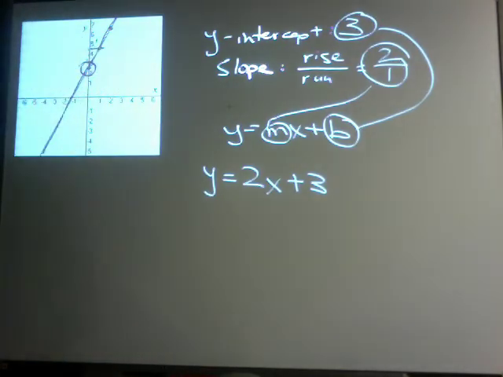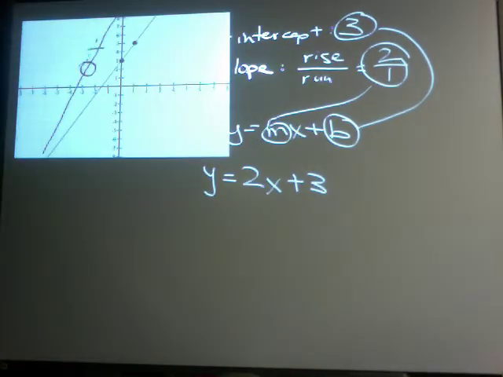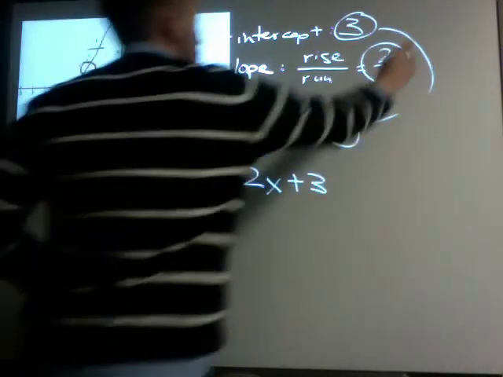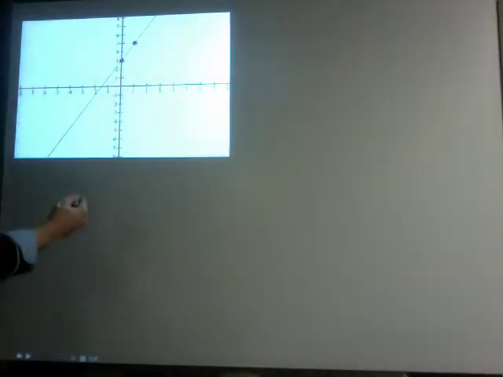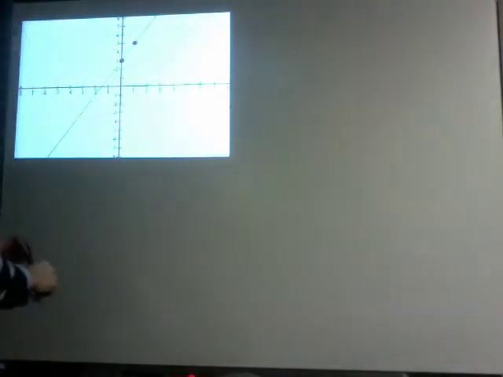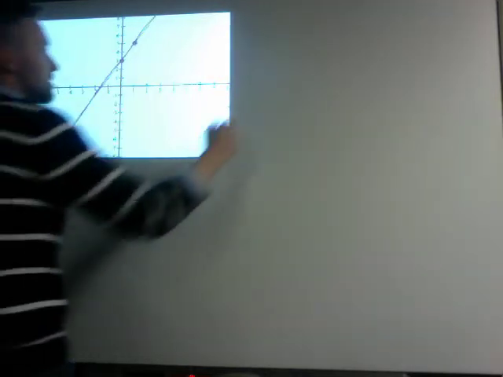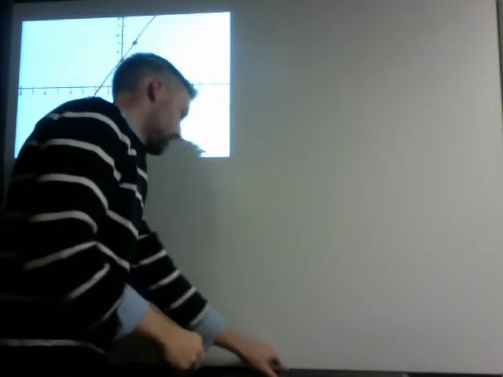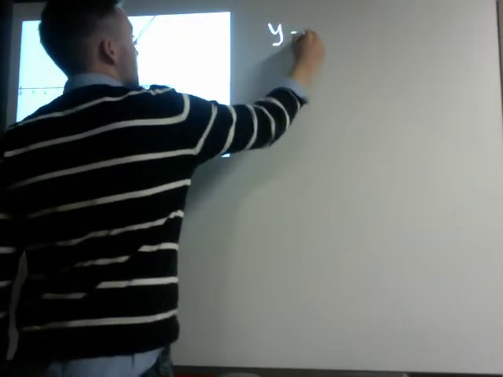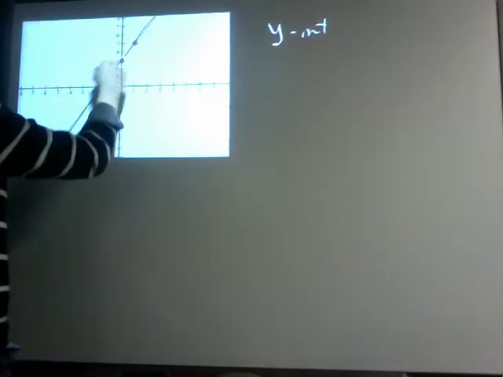I think there's 2 more. Alright, I have another line. It's a positive one, which means it goes up from left to right. Where is this line crossing the y-axis? What's the intercept? The y-intercept, when we find it, it's right there. It's 3.